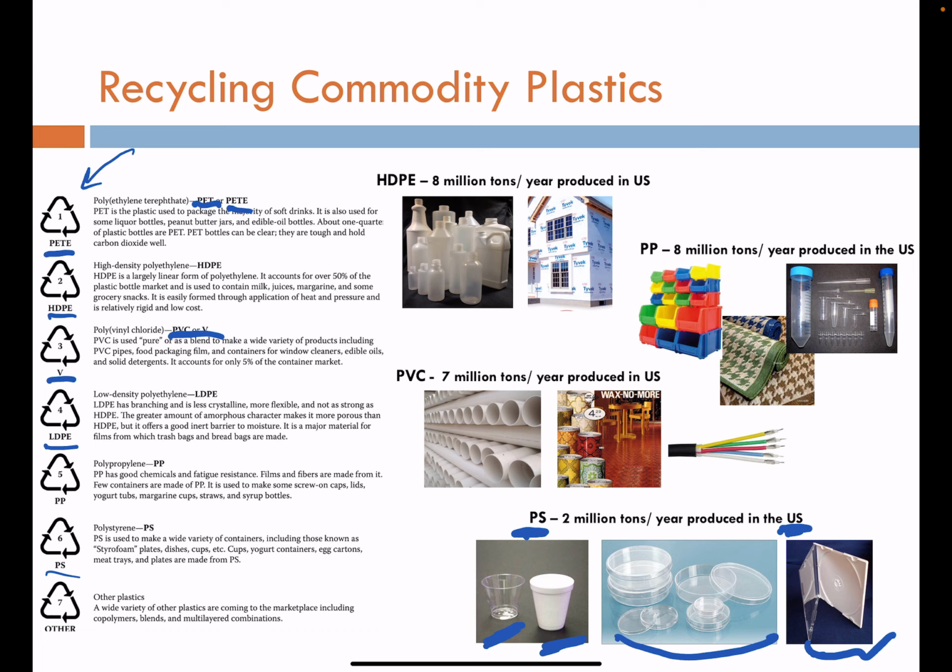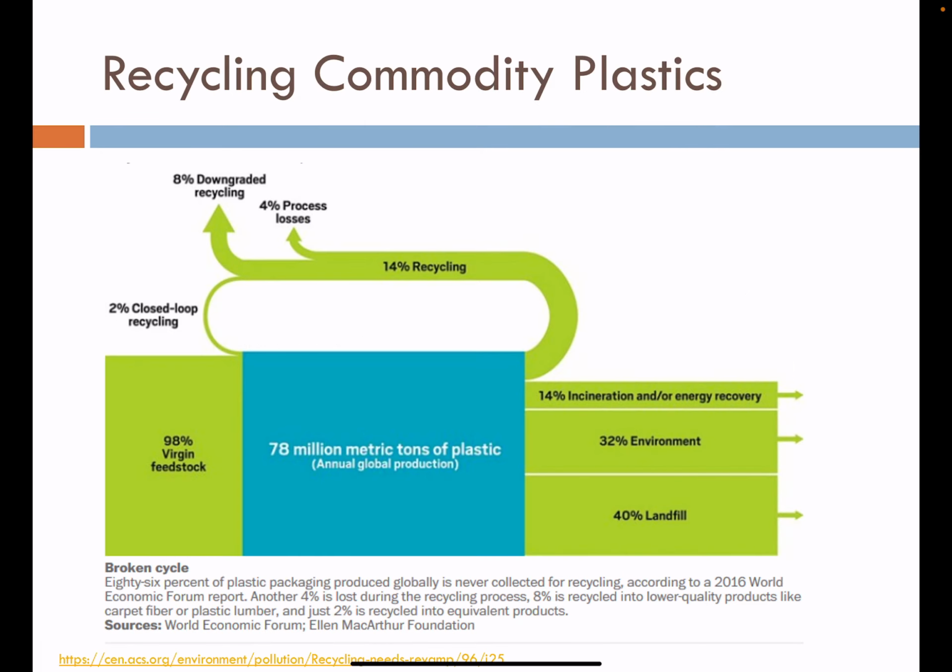You can see that 2 million tons per year productivity is on the scale of some of these others, but certainly polyvinyl chloride, polypropylene, high density polyethylene are produced in even larger scales than that. And so clearly responsible consumer use and recycling is needed of those, as well as the polystyrene.